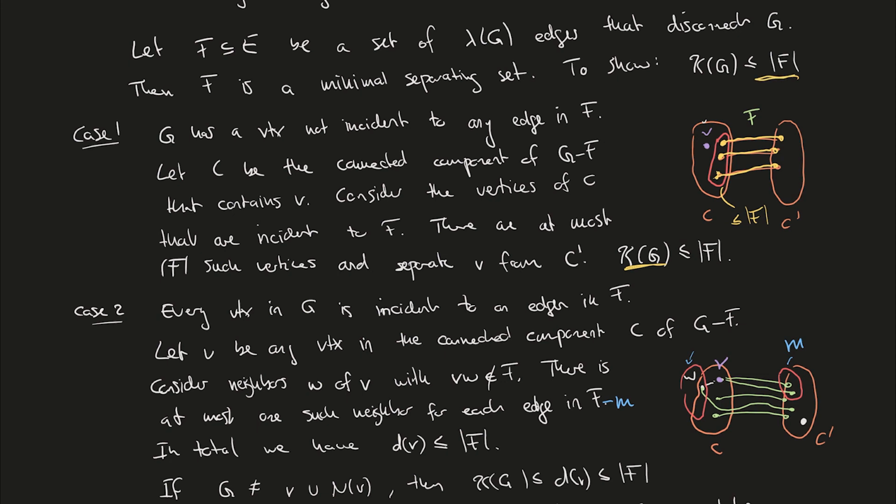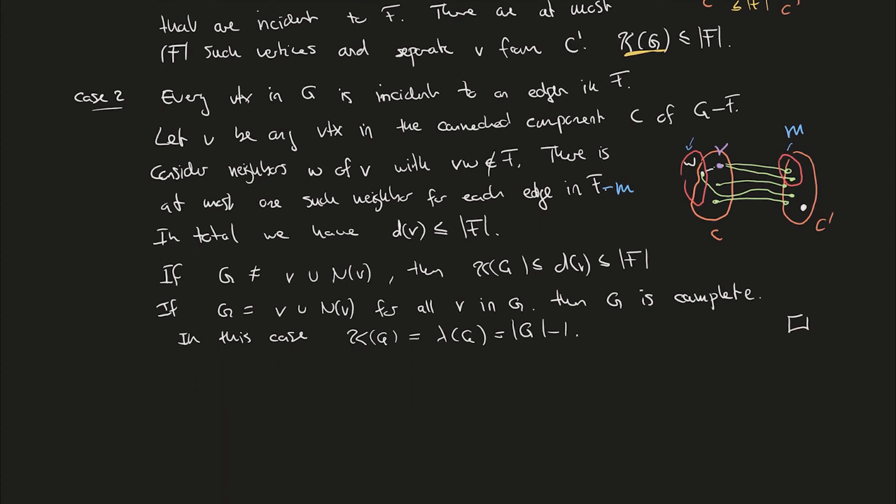Now, if no such vertex V exists that is not incident to any edge in F, then we conclude that every vertex in our graph is incident to at least one edge in F. So we pick such a vertex V in a connected component C, and we look at its neighbors.